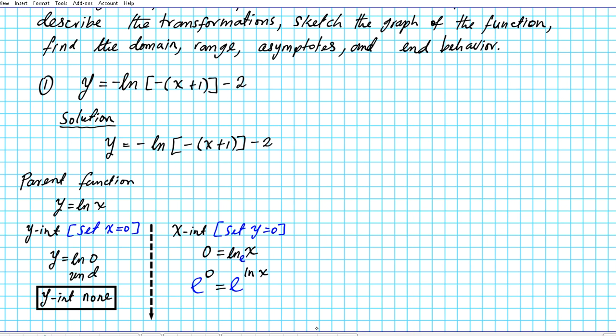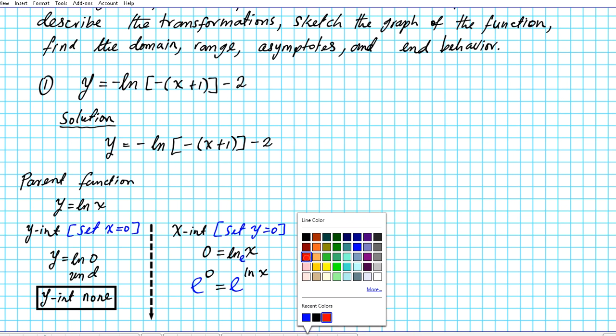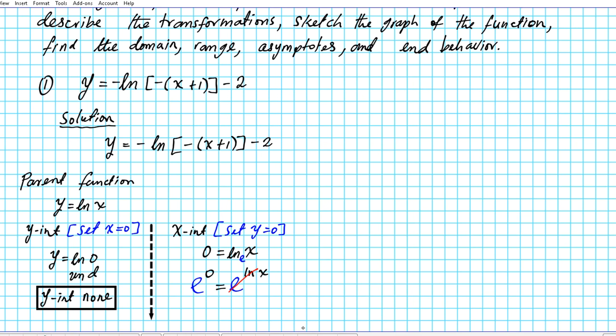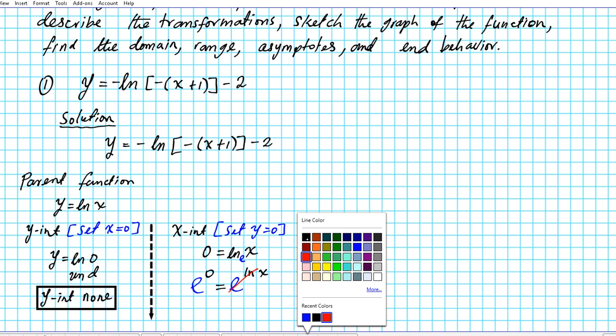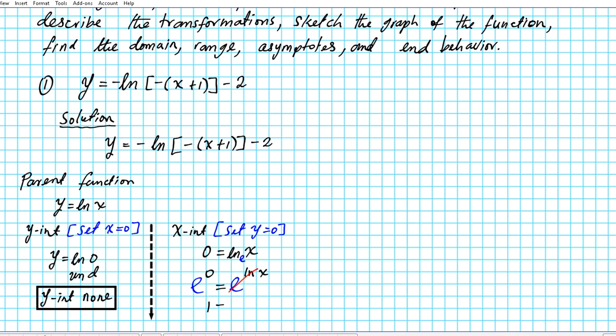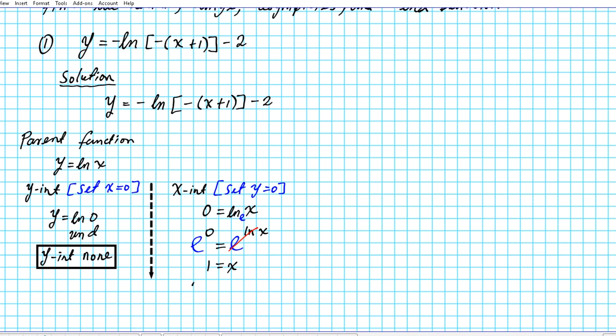Now e and ln are inverses, so they cancel each other out. And then e to the 0th power is just 1. So we can see here that our x-intercept is 1.